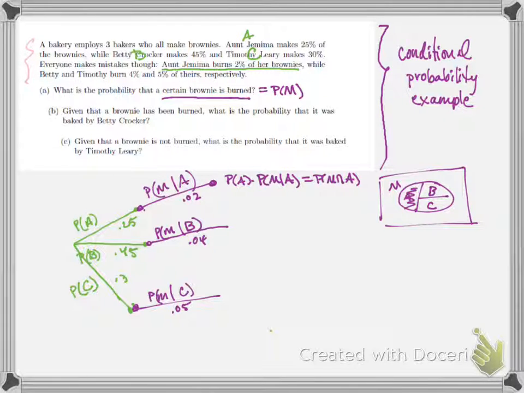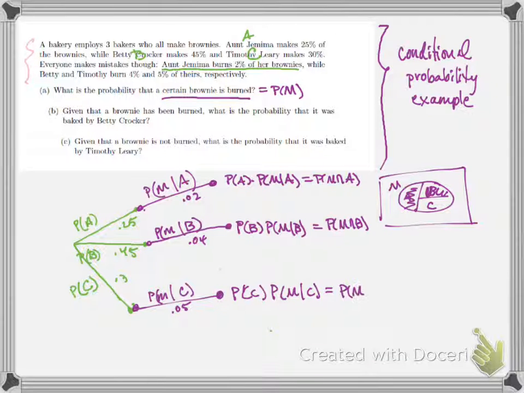And that's that piece. If we multiply along this line, the probability of B times the probability of M given B gives us the probability of M and B, which is that piece. And then this last little branch that I have drawn, the probability of C times the probability of M given C should give you M and C, which is that.